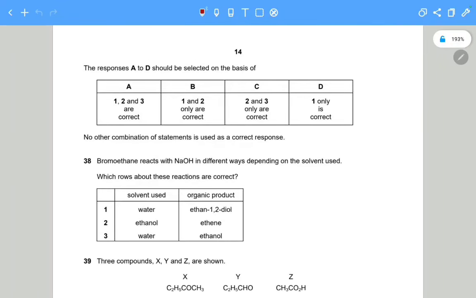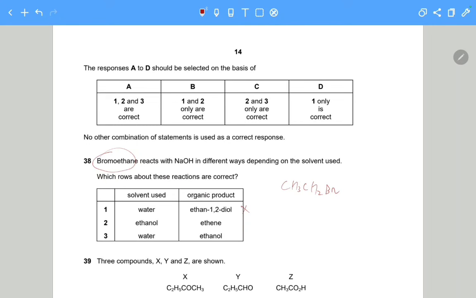And the third last question, bromoethane reacts with sodium hydroxide in different ways depending on the solvent used. Which rows about these reactions are correct? Option 1, solvent used water, organic product ethane 1,2-diol. No, this is wrong because we have a single bromine atom. So bromoethane is CH3CH2Br.